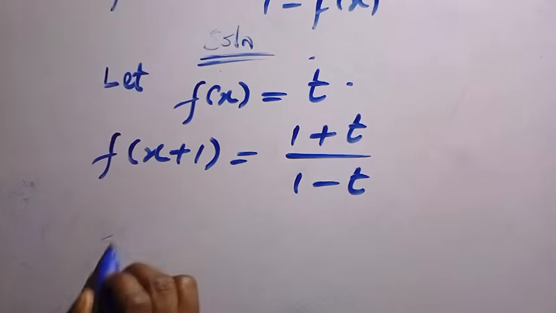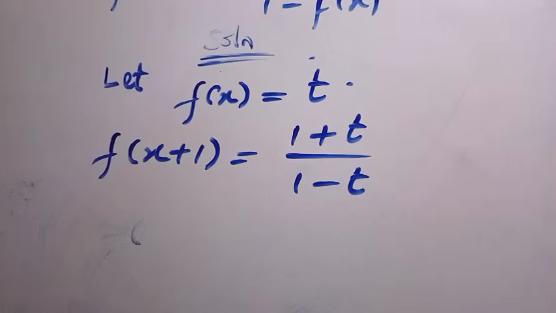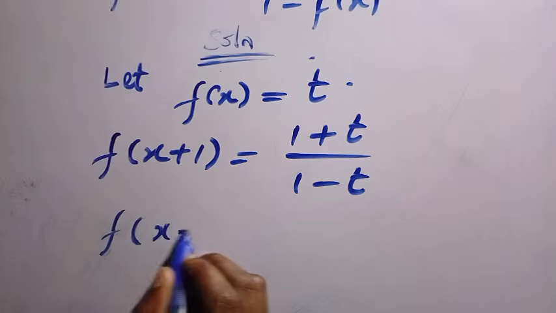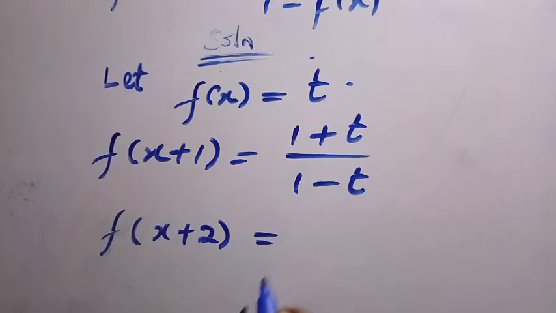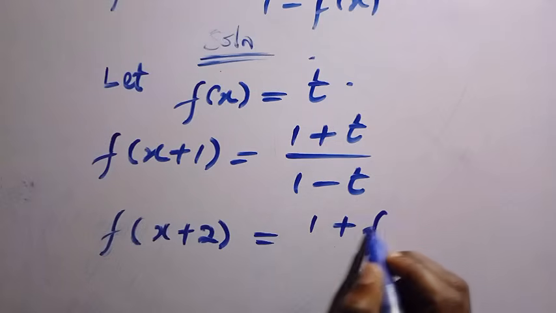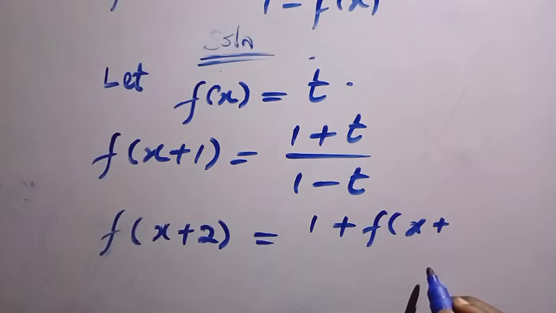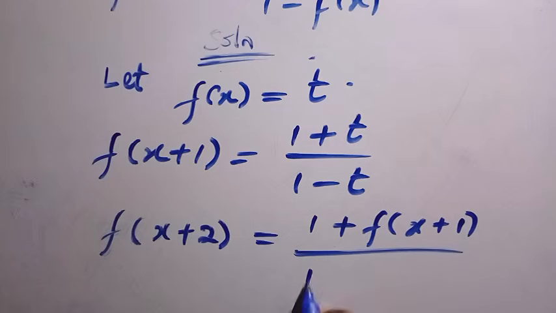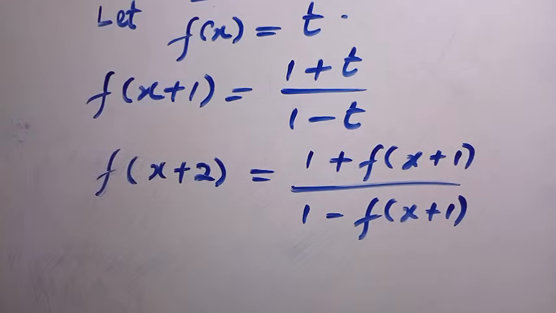So we have f(x+2). If we take it back to (1 + f(x)) / (1 - f(x)), we are going to have (1 + f(x+1)) / (1 - f(x+1)). This is just by changing x to x+1, increasing it by 1.